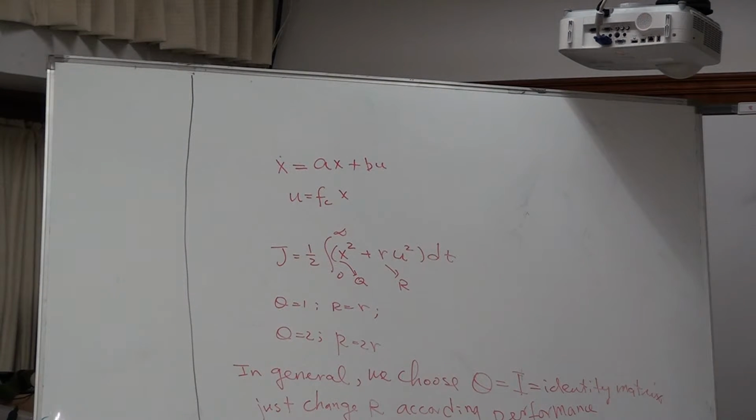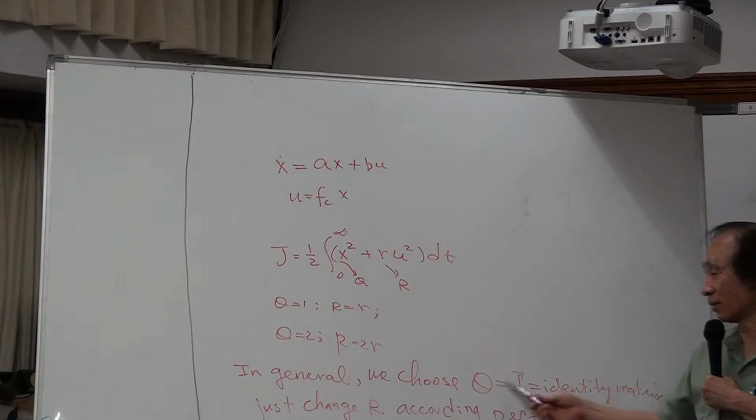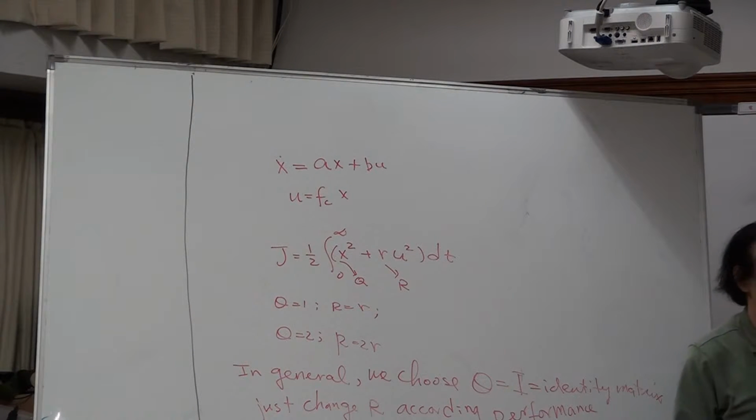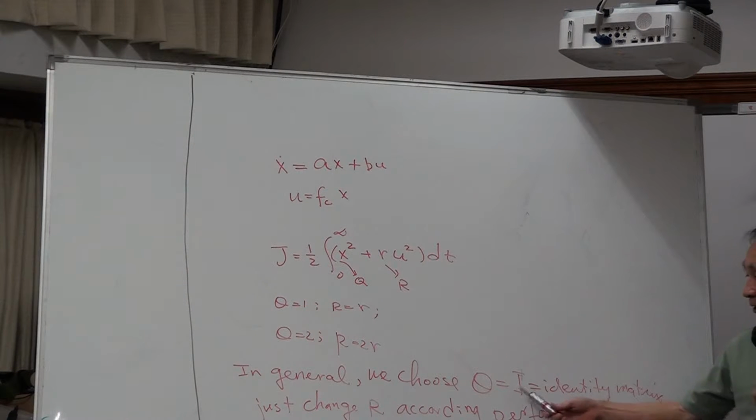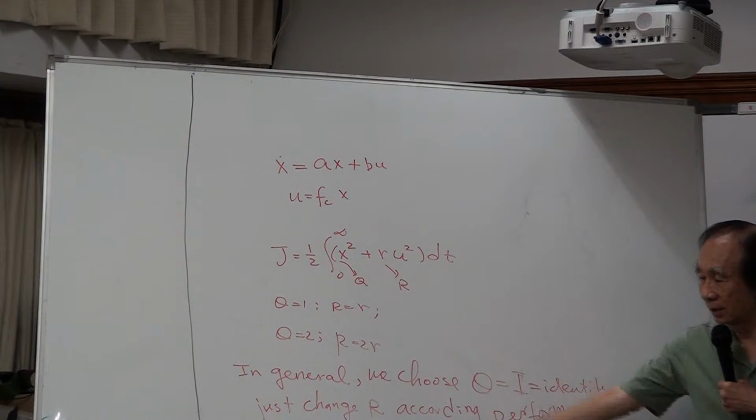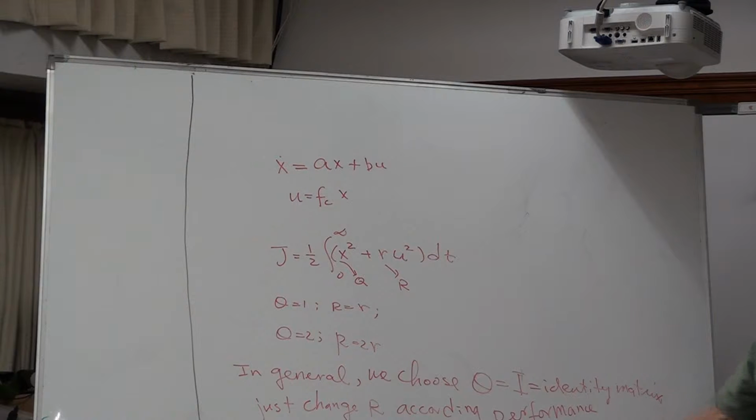Of course, you can insist, I don't want to do this. Yes, that's fine too. But you'll find out that when you vary Q and also change R at the same time, you've got so many parameters to change that you just get confused. So that's what we do in a really practical sense.